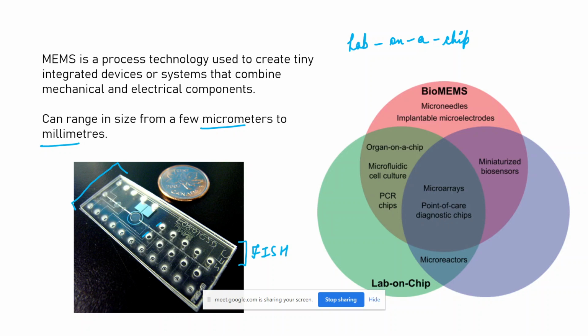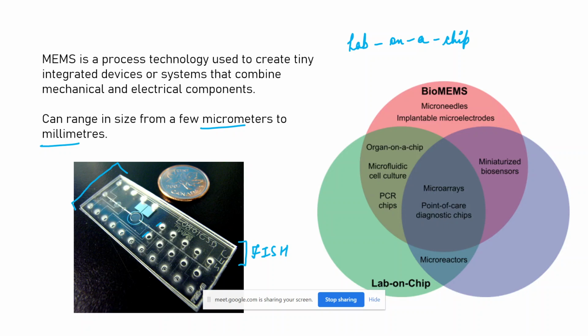Every chamber is specialized for a different kind of process which you do separately in your lab. So this is what MEMs are, a current trend, and the common term used for that is lab on a chip.